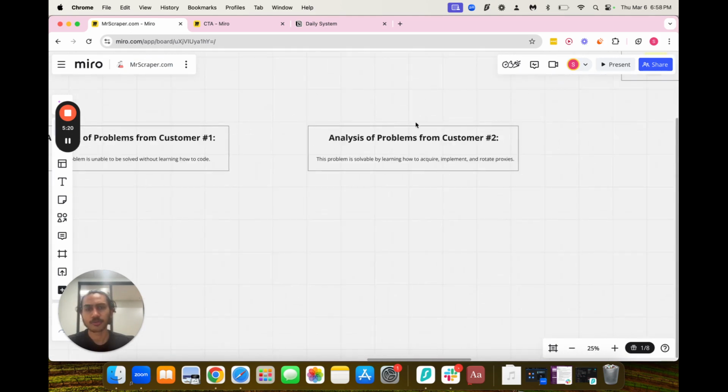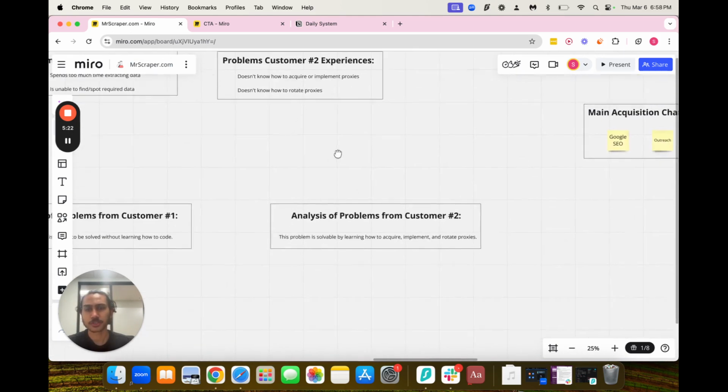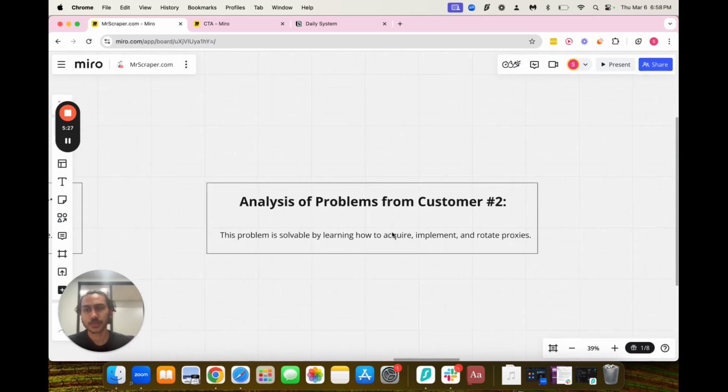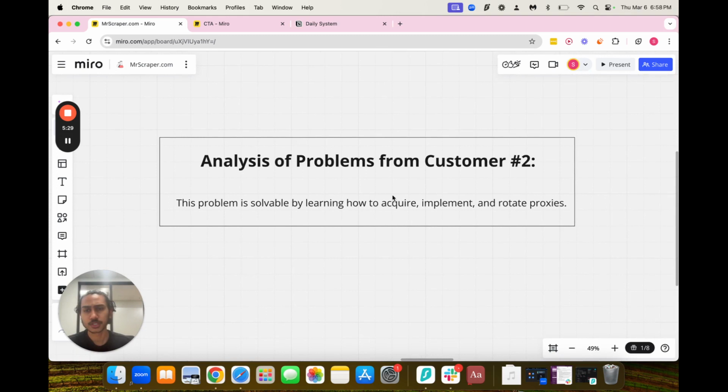And then if we're analyzing the problems for customer number two, if they were to try and do this on their own without MrScraper.com, the problem is solvable by learning how to acquire, implement, and rotate proxies.